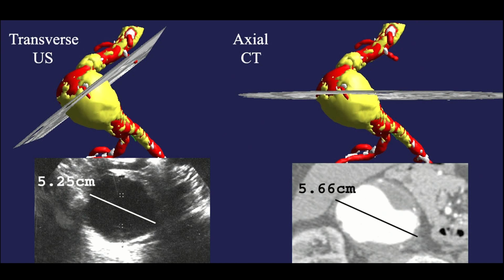They're usually tortuous and have some sort of twisting. So when you measure them with CT, which takes horizontal slices straight across, it will usually cut the aneurysm at an oblique level. This will overestimate the size of the aneurysm, whereas when you're scanning in line with the aneurysm, you get a fairly accurate representation of the diameter.